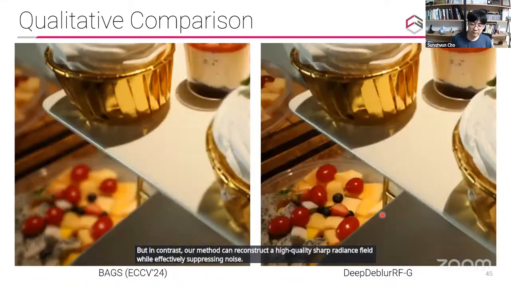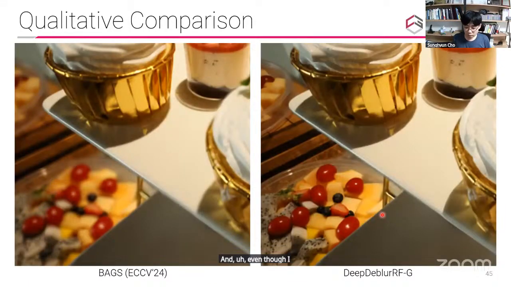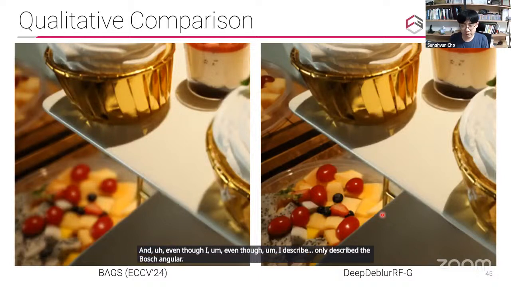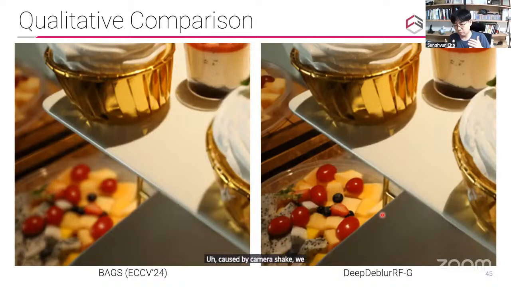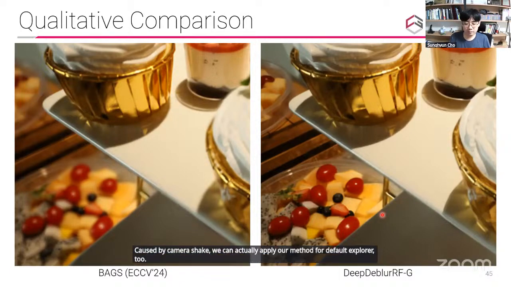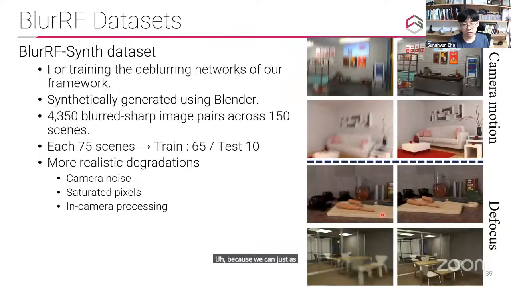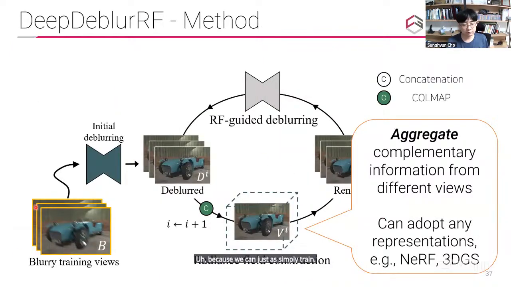And even though I only described the motion blur caused by camera shake, we can actually apply our method to defocus blur too, because we can just simply train our networks for defocus blur.